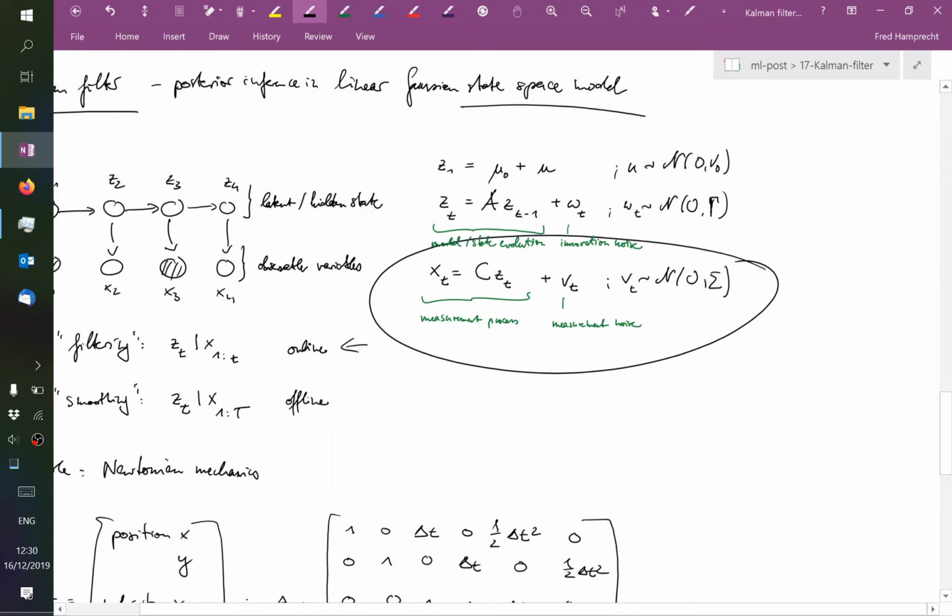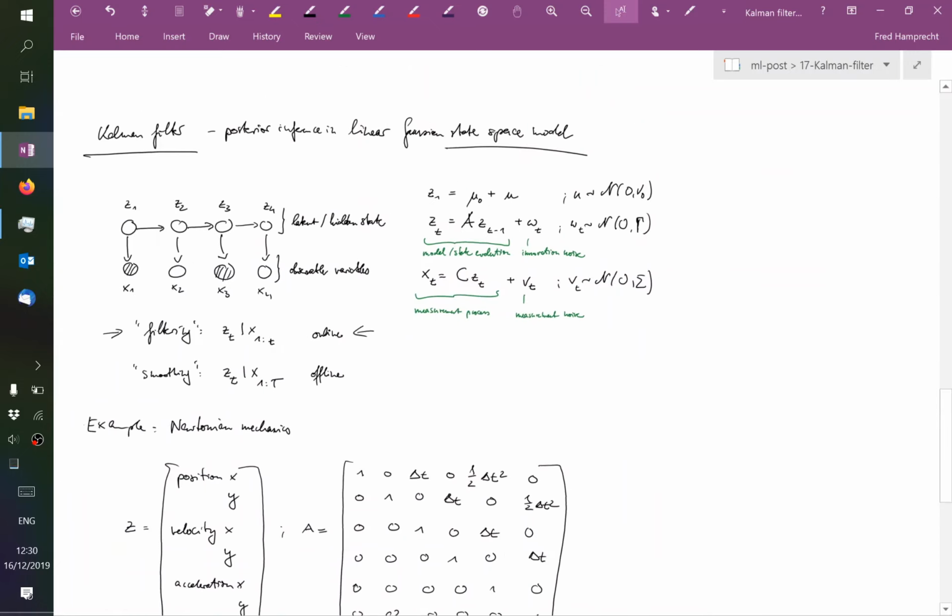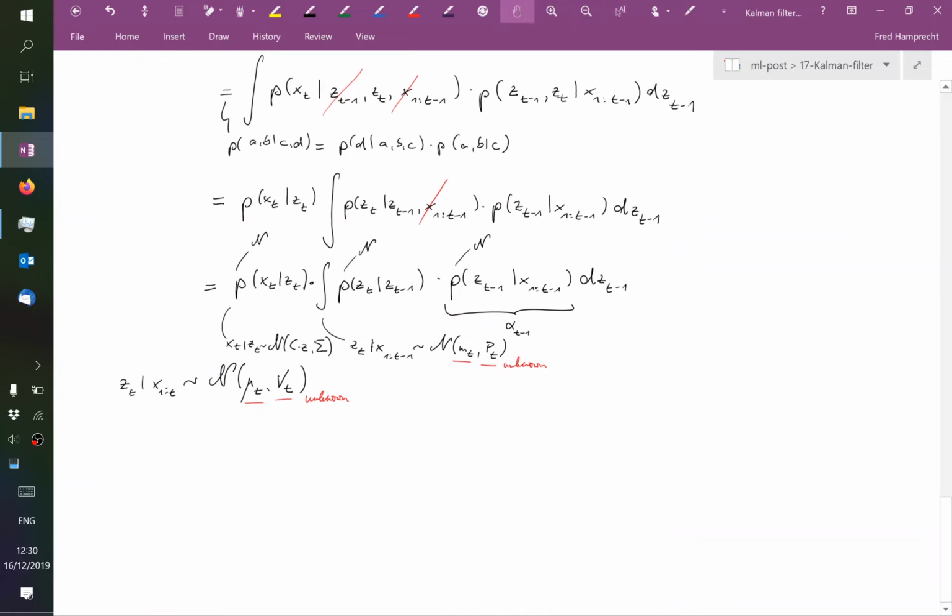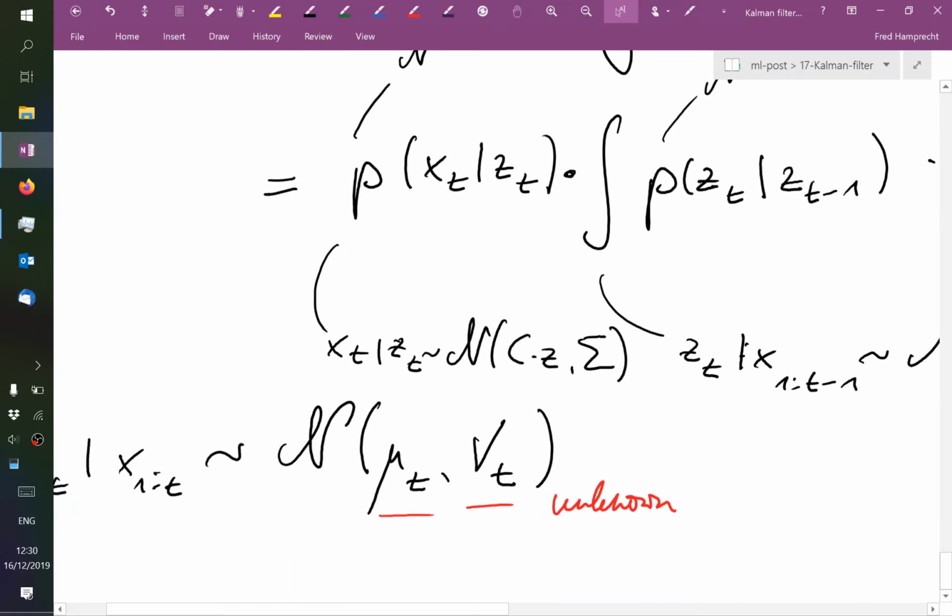The noise has a zero mean. That means given zt, my observation x will be located here at C times z with covariance of sigma.